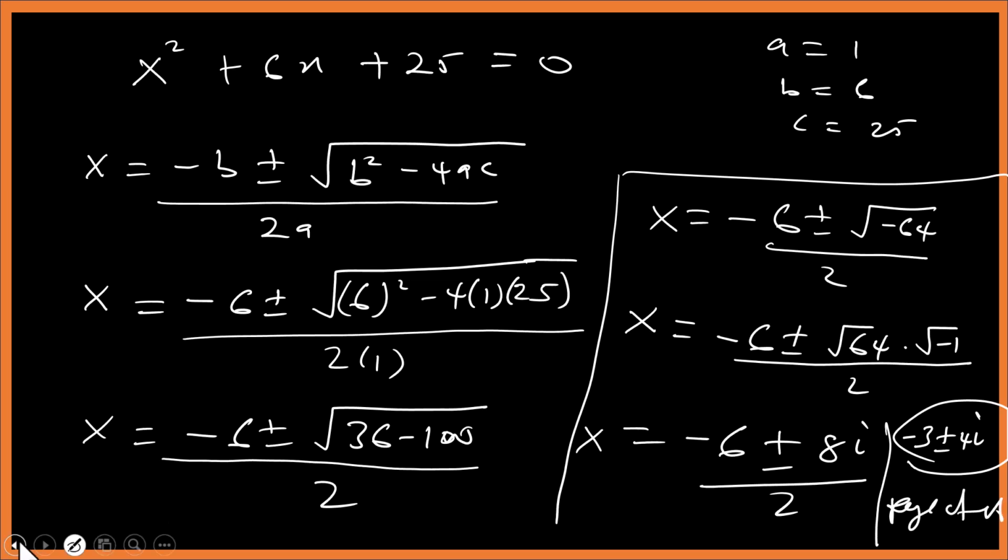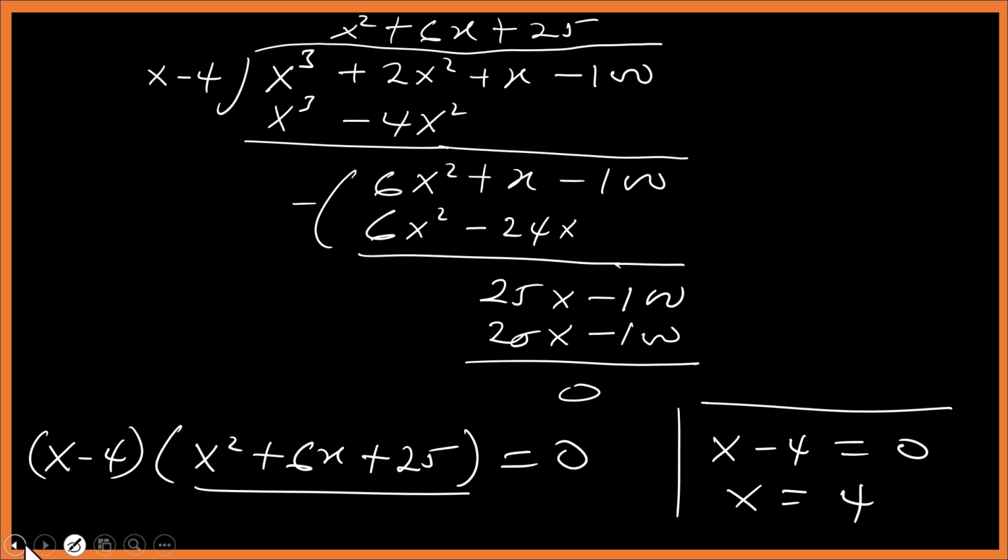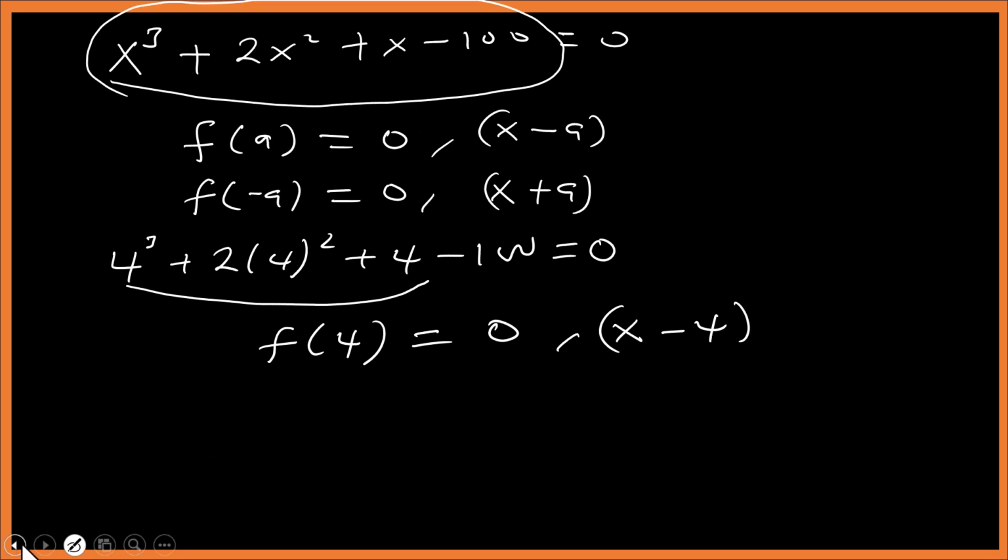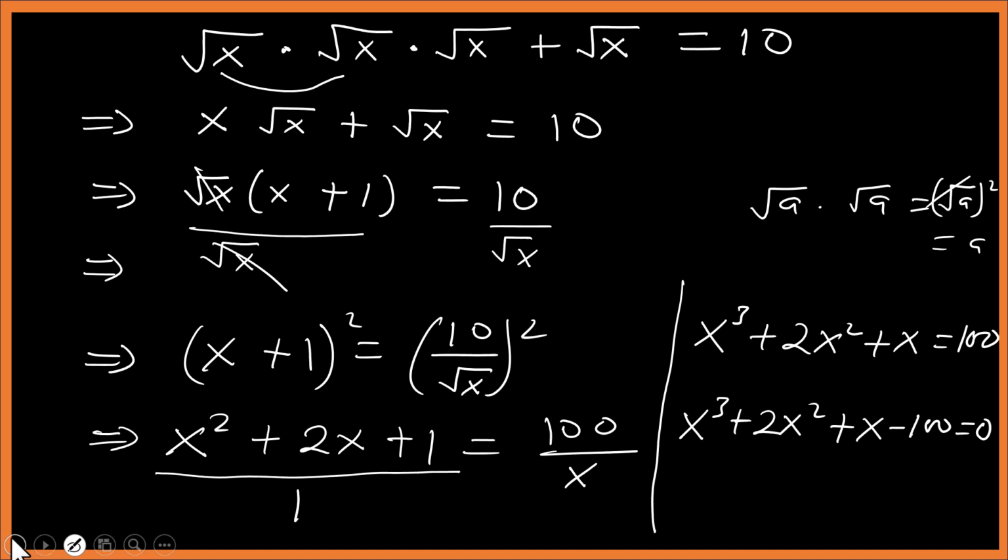Okay, so let's focus on the real solution. That is x equals 4. Alright, so x equals 4. Let's plug in and see if we get the solution. So let's test, let's verify.